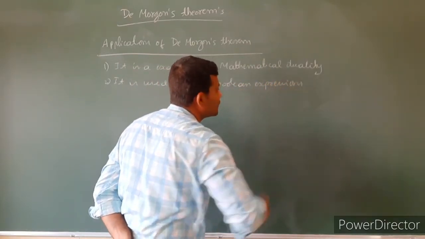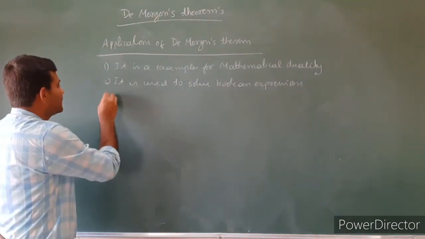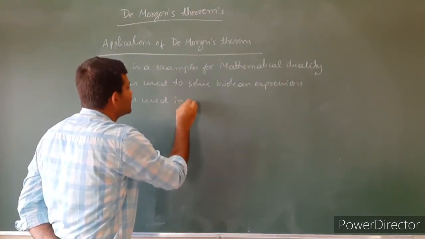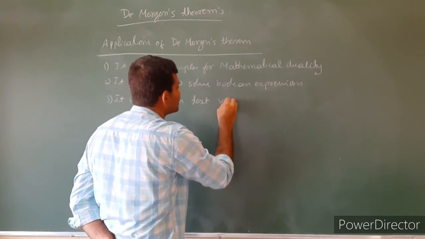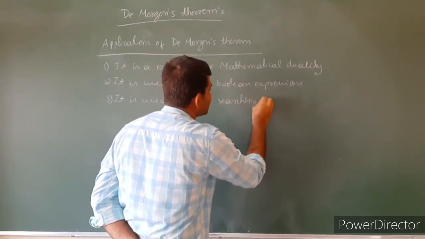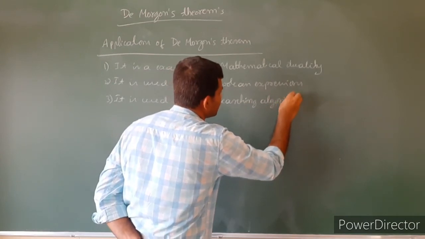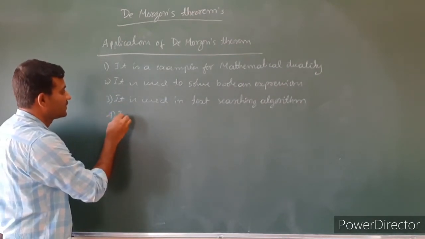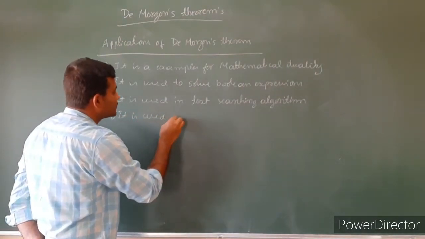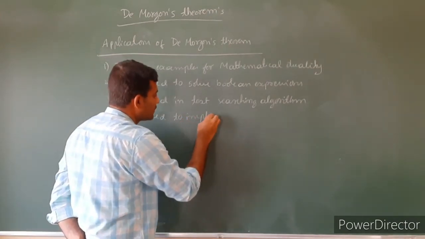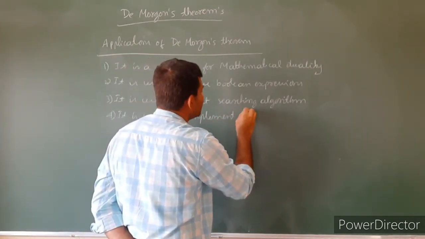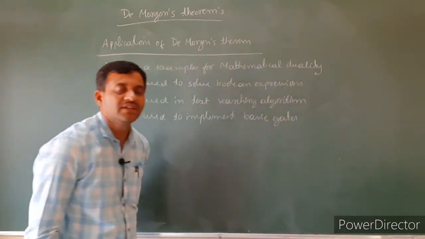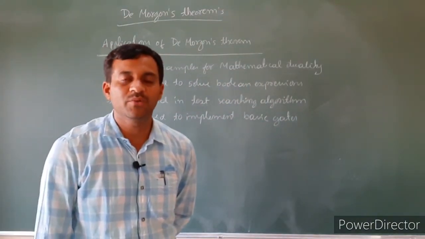Then the third one: it is used in text searching algorithms. Then the fourth one: it is used to implement basic Boolean gates. These are the four applications of De Morgan's theorem.